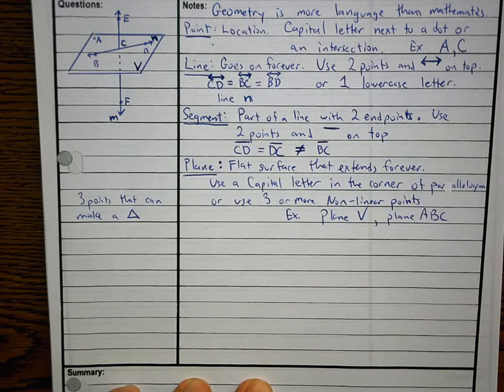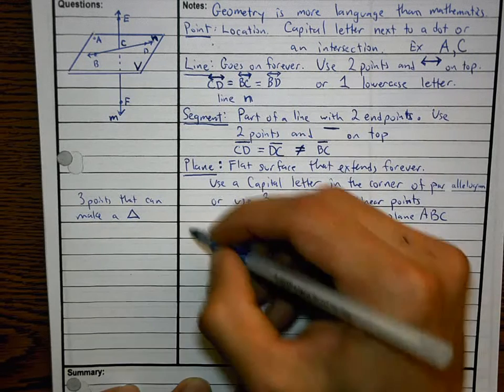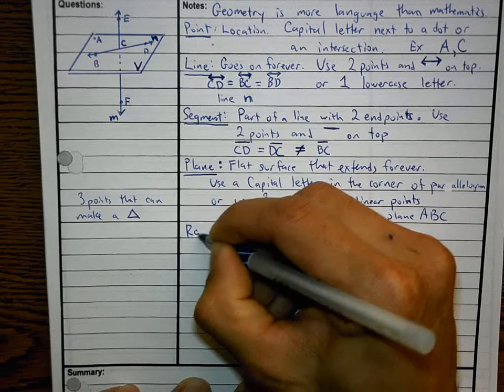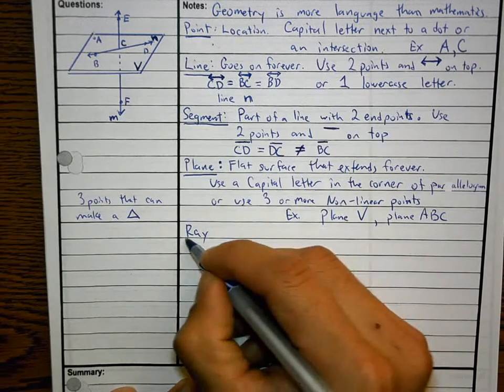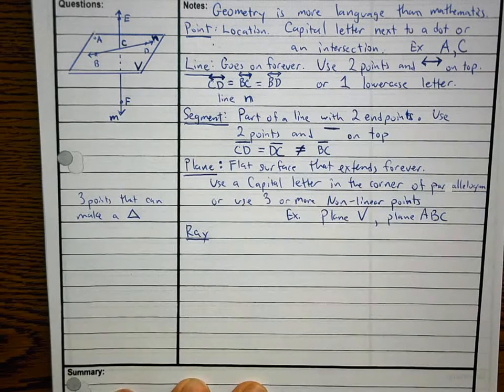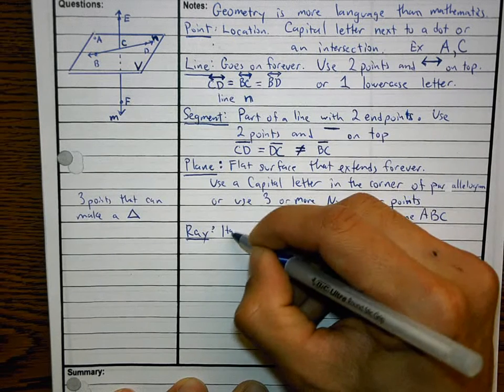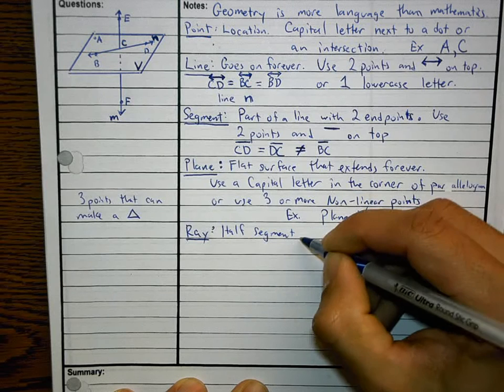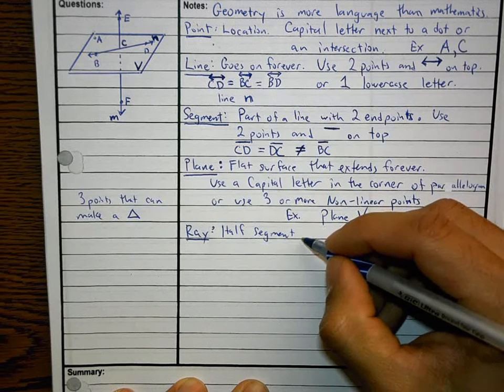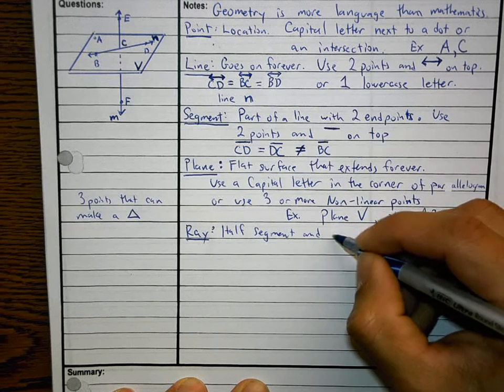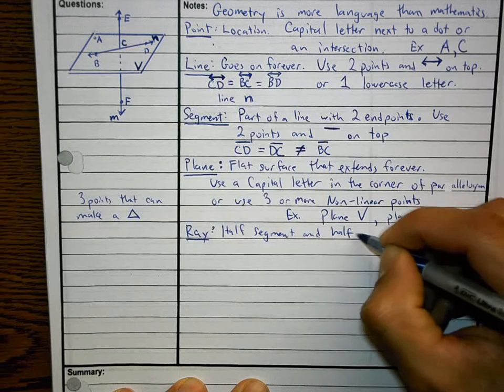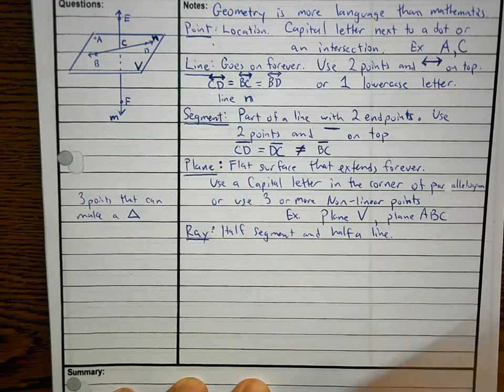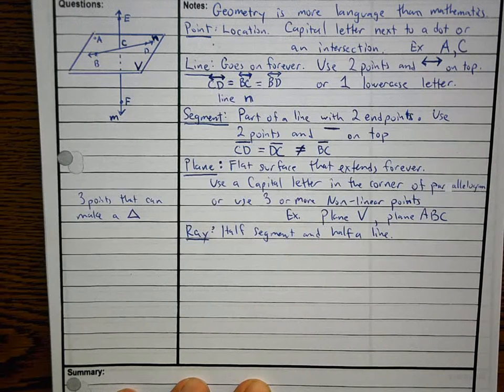Let's talk about a ray. This is our 5th object in geometry. It's half a segment and half a line.